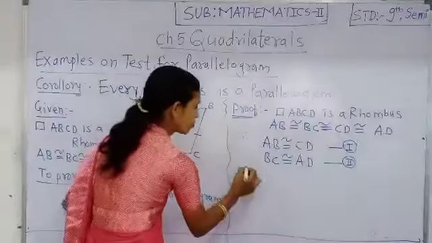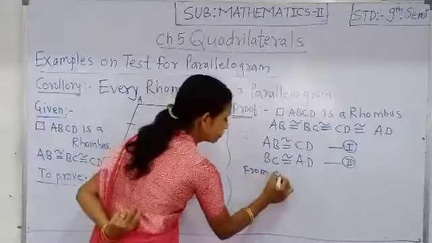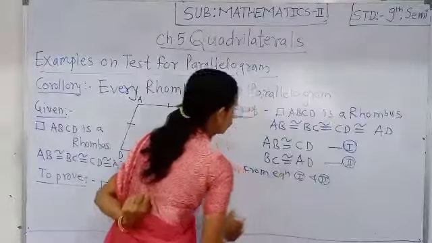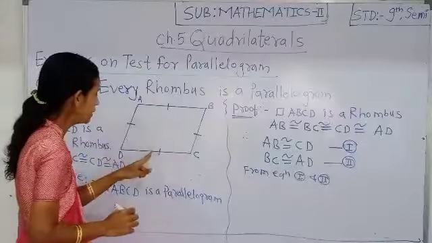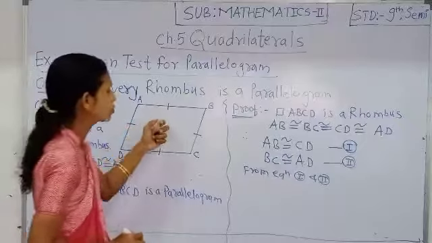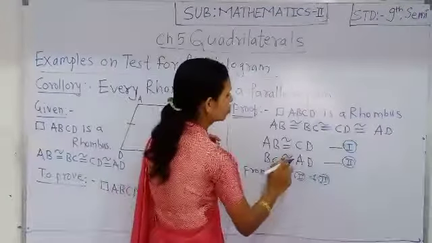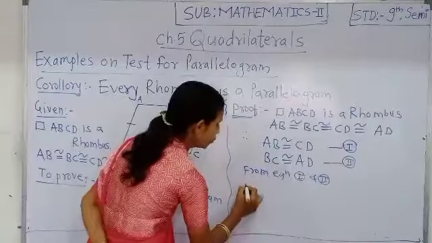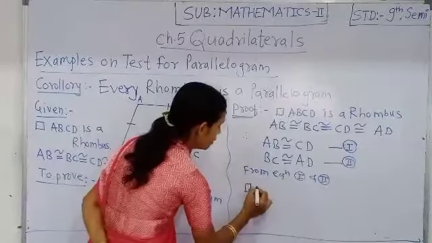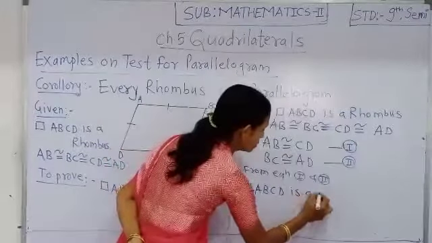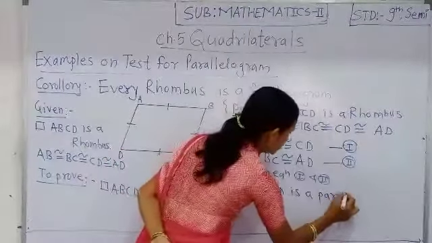Then from equations 1 and 2, the opposite pairs of sides of this quadrilateral are congruent. Therefore, from equations 1 and 2 we can write quadrilateral ABCD is a parallelogram.